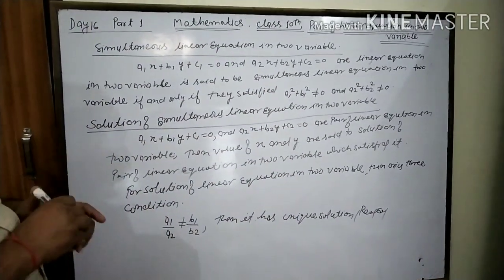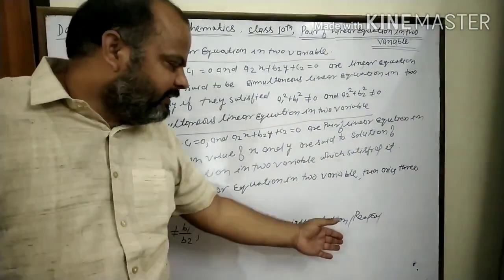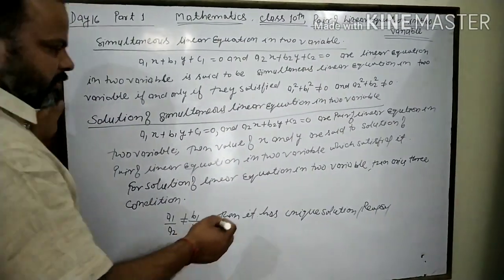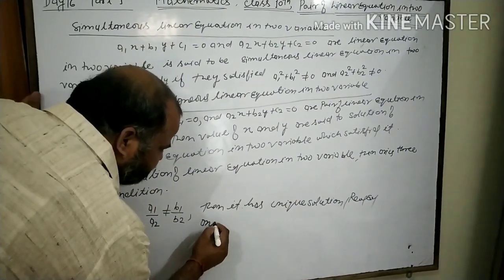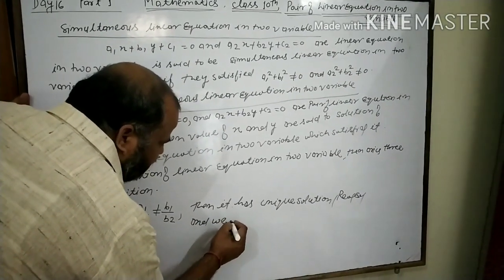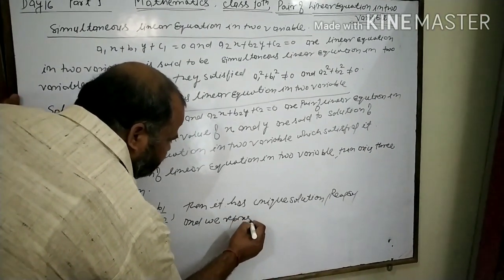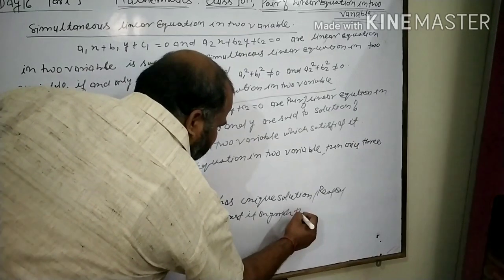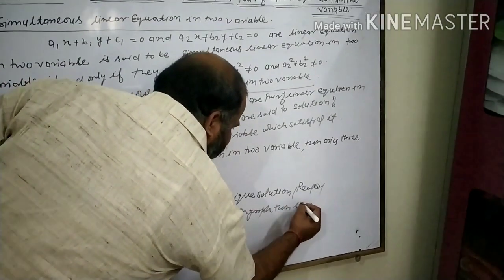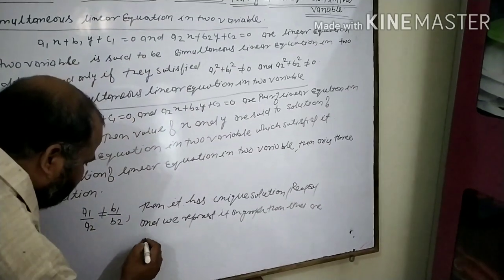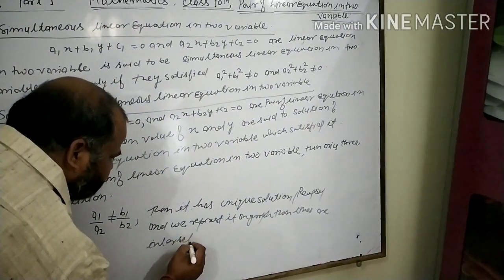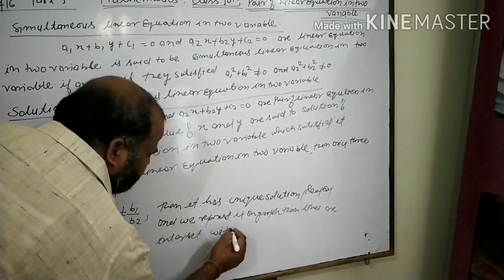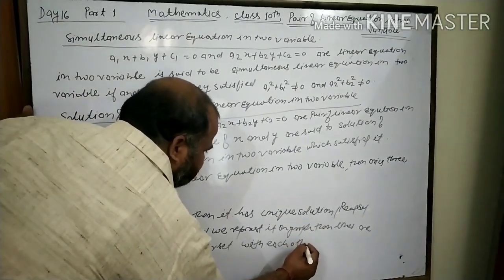And in this case, if you can represent it on graph, then lines intersect with each other.